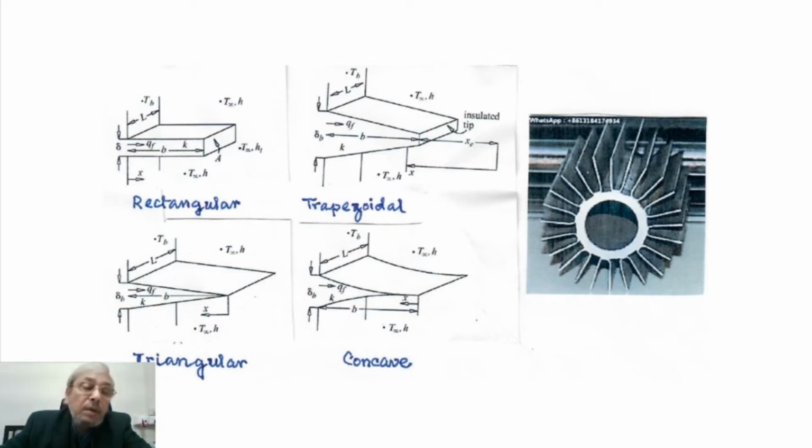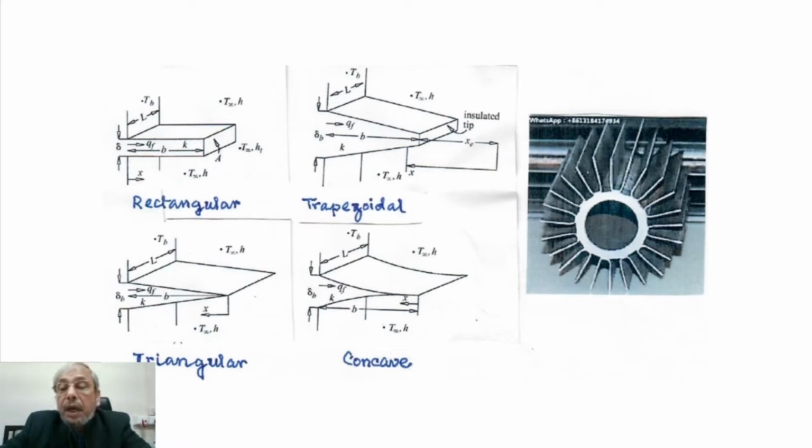Third one is called a triangular fin. Basically these names are coined based on the shapes. And the fourth one is a concave fin.